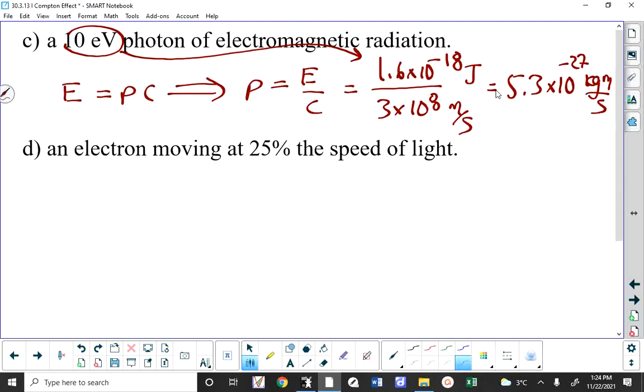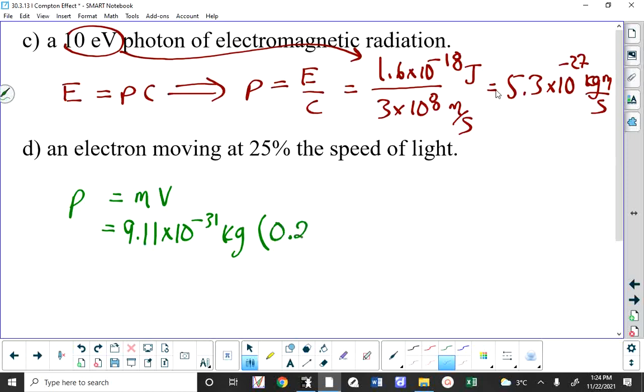So the formula we would have to use here to find the momentum of the electron would be p equals mv. Again, we're just interested in magnitude, so I'm going to take the mass of the electron, 9.11 times 10 to the negative 31 kilograms, multiplied by the speed. You're told it's 25% the speed of light, so we can multiply by 25 over 100 times the speed of light.